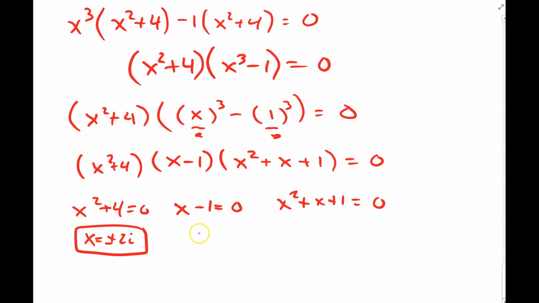This one, how do I solve this? Add 1. Good. And then the last equation, how am I going to solve that? Quadratic formula is correct. Because I have two kinds of x's here, x squareds and x's, I need to use the quadratic formula, or else I could just factor it by hand, right?